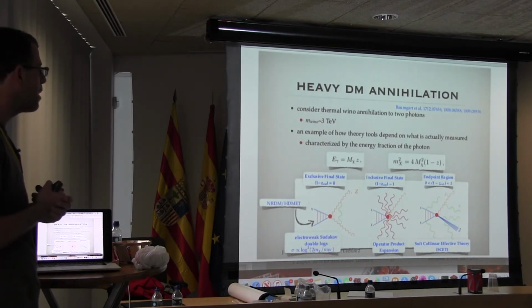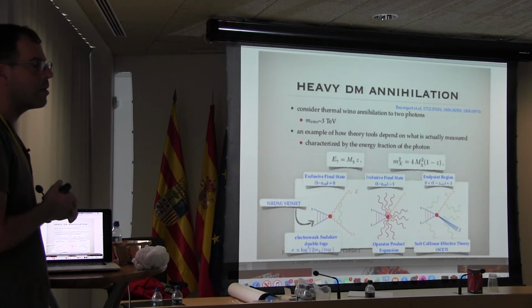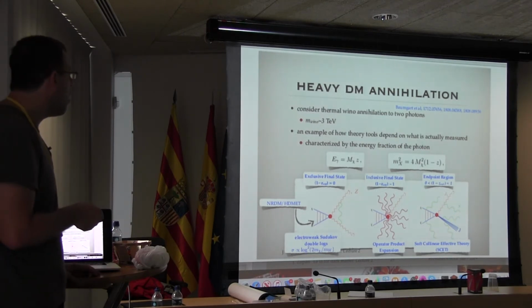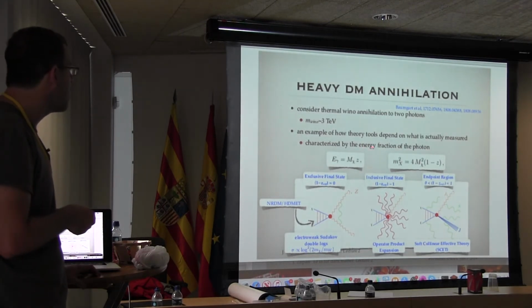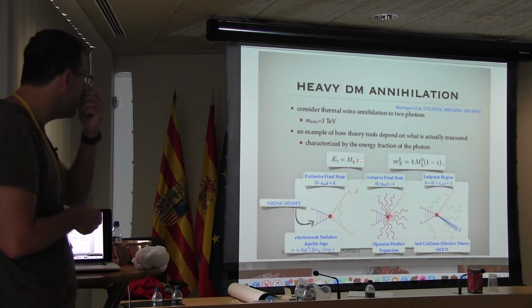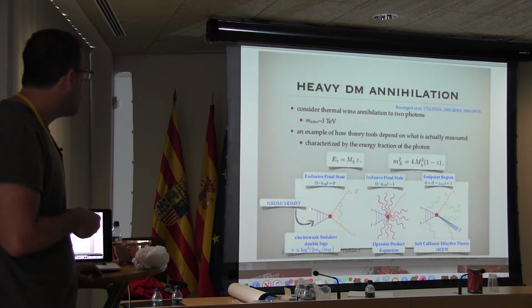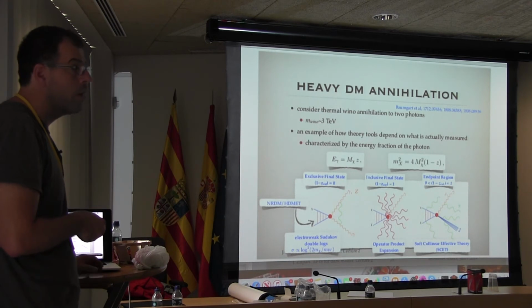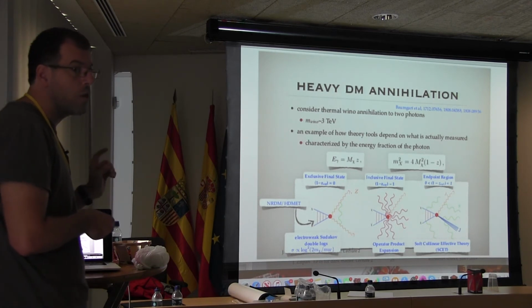There are 3 different limits as to what you could possibly measure, and they are all characterized by how much of the initial energy is carried by the photon. We call the ratio between the photon energy and the dark matter mass Z. So we have dark matter, anti-dark matter, they annihilate, and let's say you end up with exactly 2 photons.